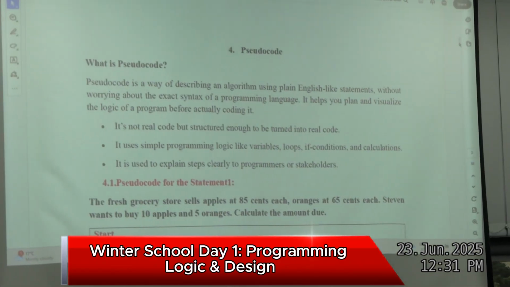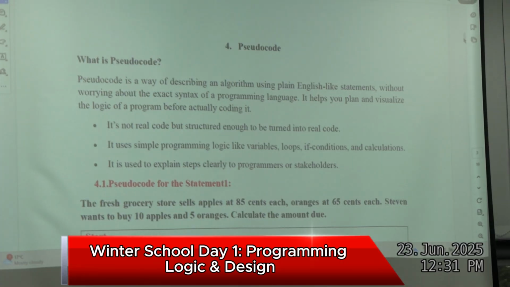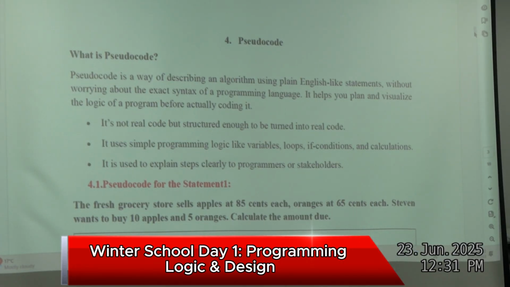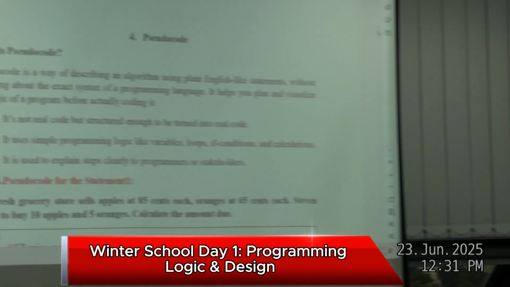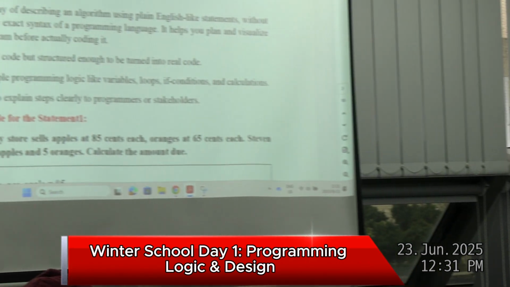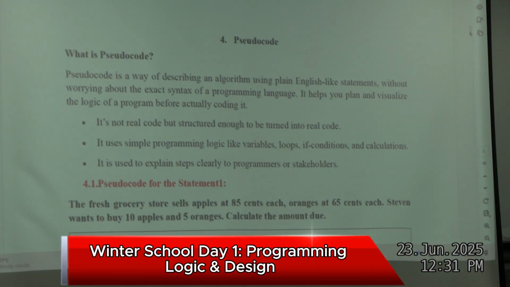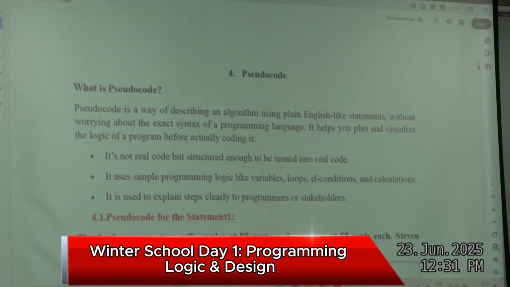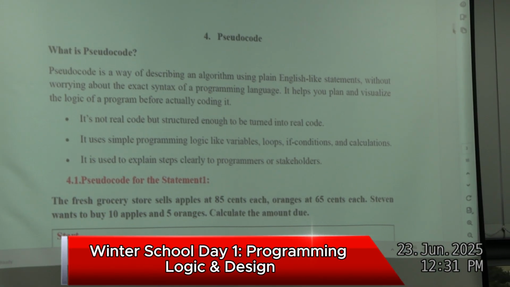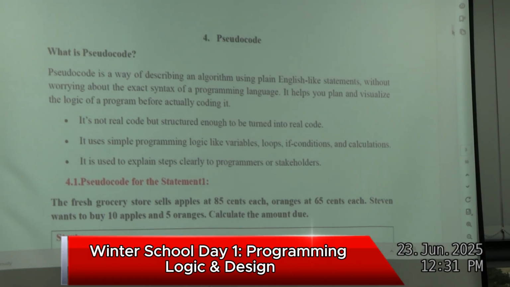Okay. Before everything, we have first to understand what is a pseudocode. A pseudocode, as it has been defined, is just a plain text that you write in English. But that plain text must make sense, must not be confusing you. Do you get it?